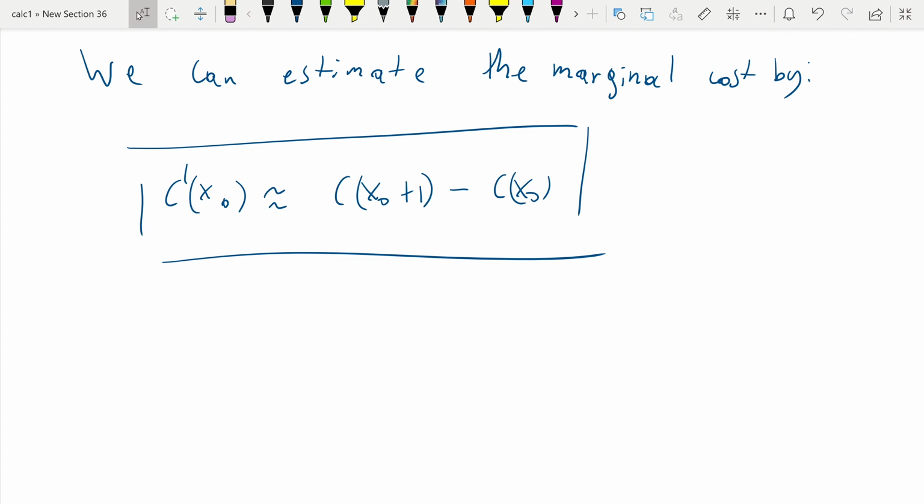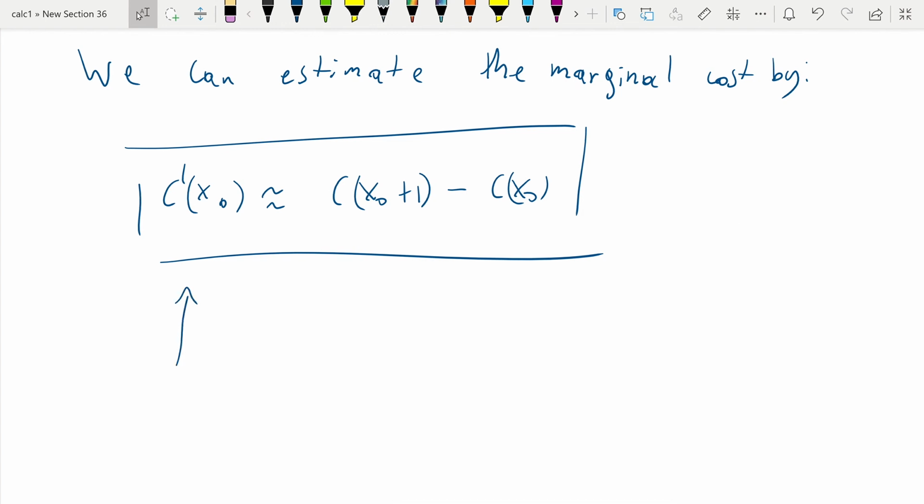Here, the part we need to differentiate is to approximate this increase of one unit in the cost function. Okay, so let's move on to the examples. We'll cover those in the next video.